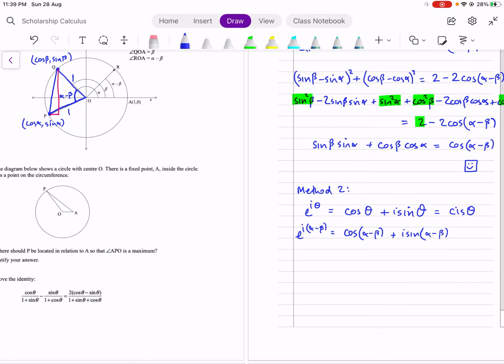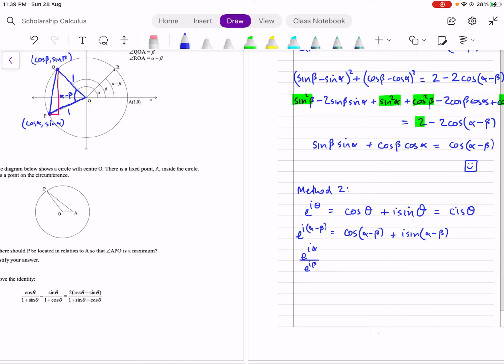On the left hand side, we can write it using power rules as e to the i alpha times e to the i minus beta, or even better, e to the i alpha over e to the i beta.